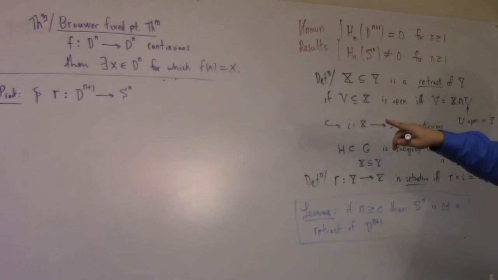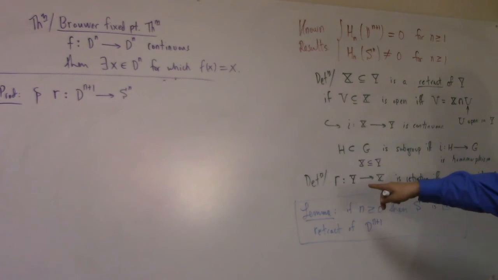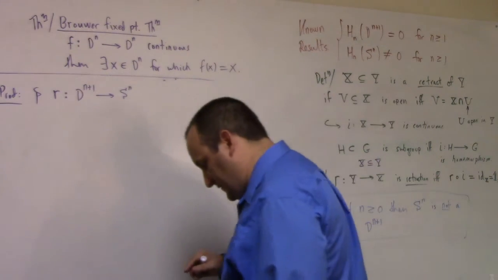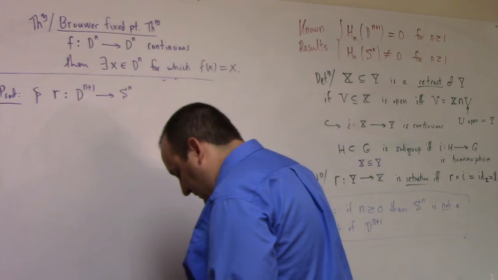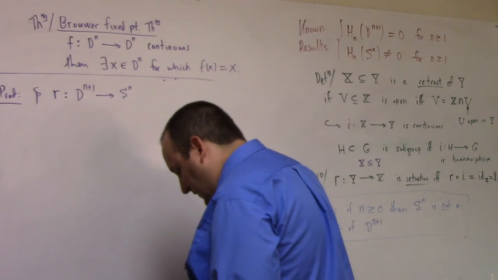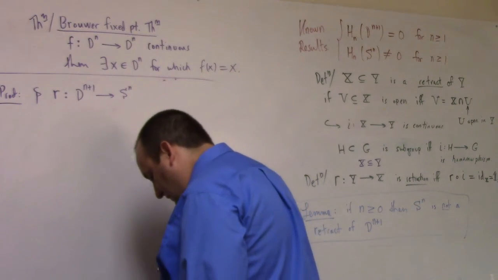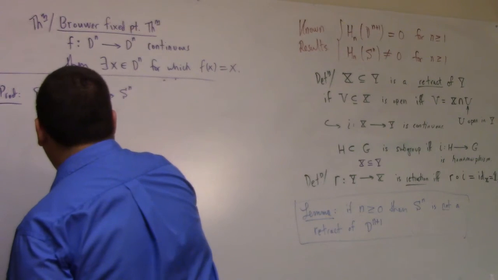So does that make sense? Is Sn a subset of the n plus 1 disk? Yeah. Okay. So that at least is the right kind of thing to do. And he says, if there were a retraction, we could draw the following commutative diagram of topological spaces and continuous maps. So you got Sn, you got Sn.